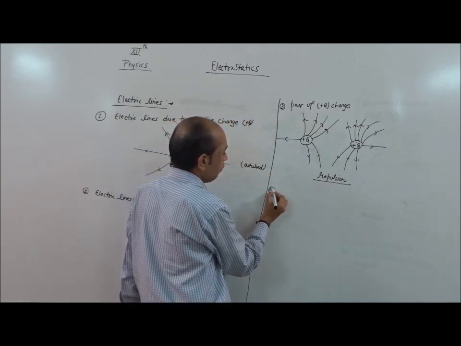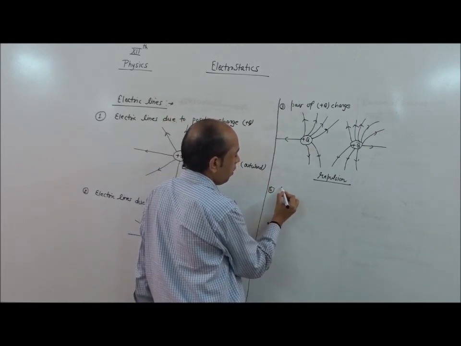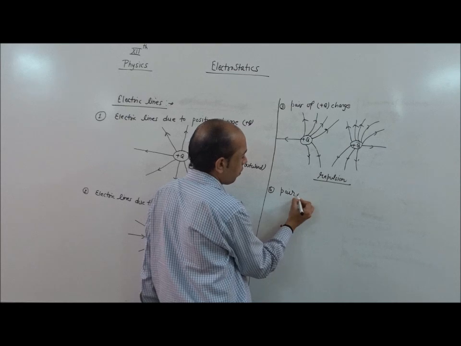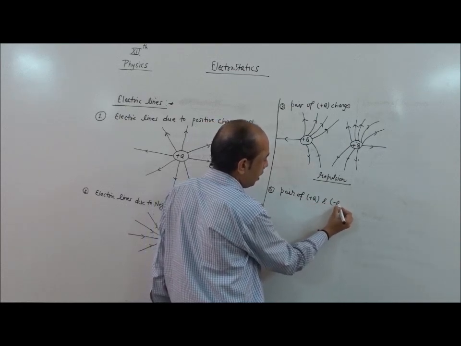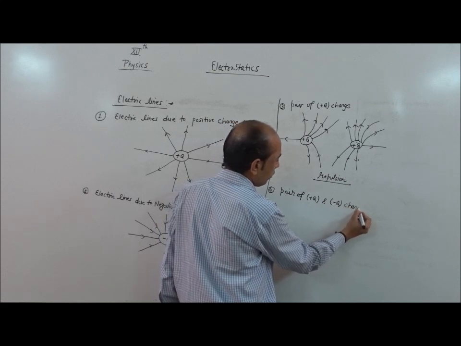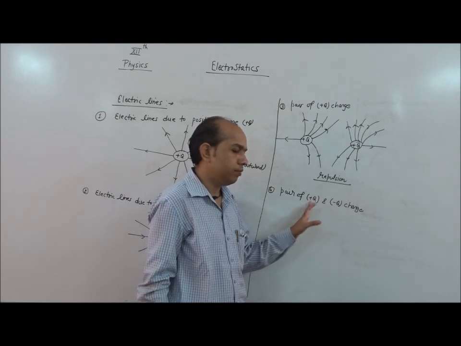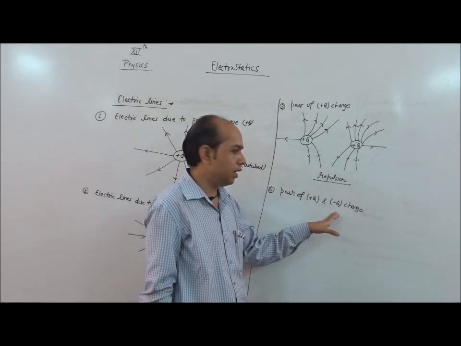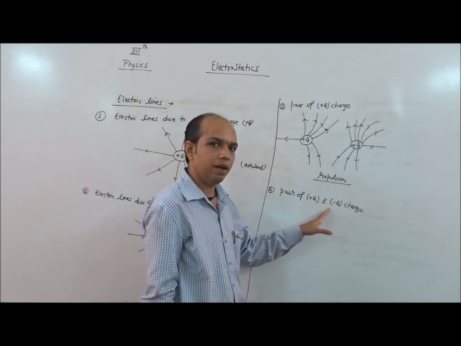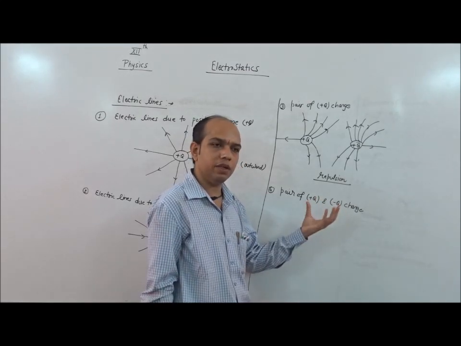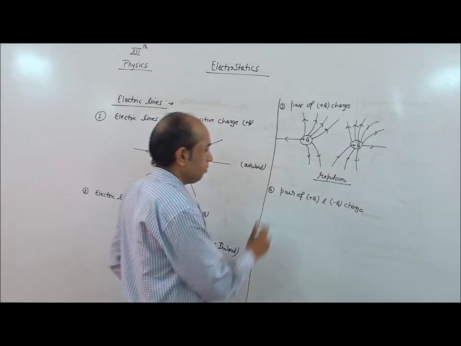Next we come to the fourth and last one, lines of a pair of plus q and minus q charge. So plus q and minus q, its nature is attractive because of opposite charges, and plus q and minus q means their magnitude is also equal and same.